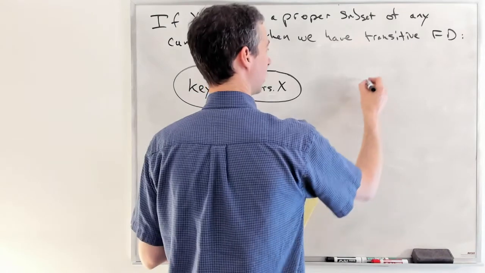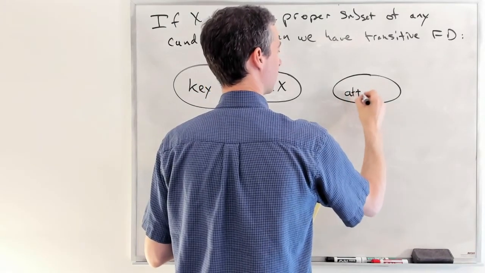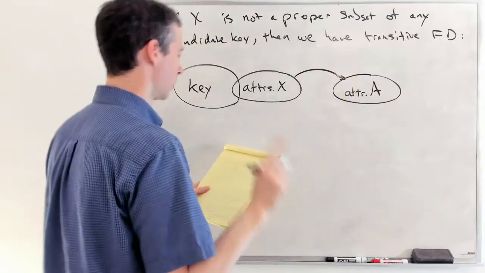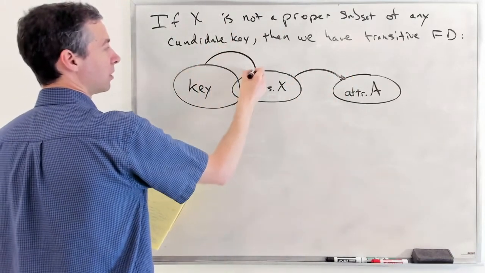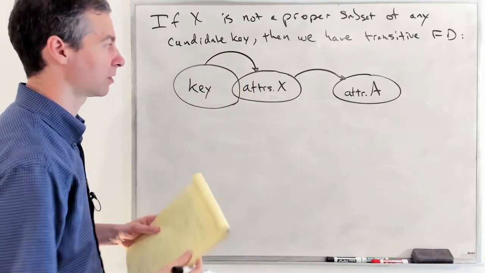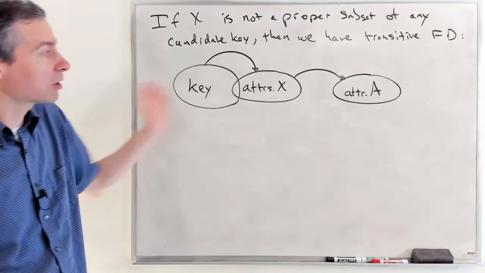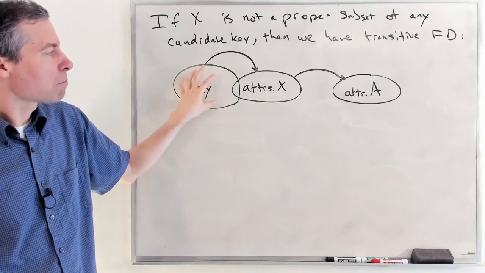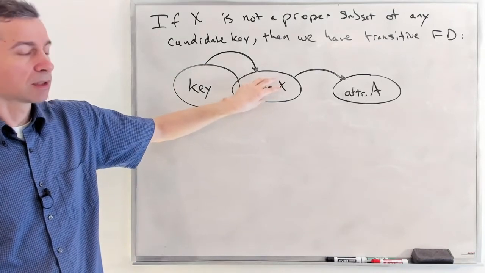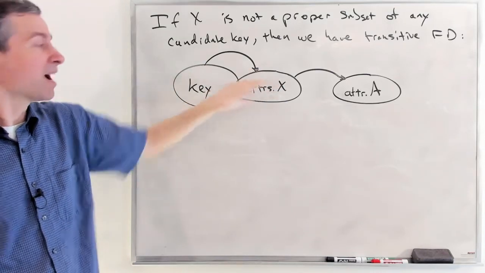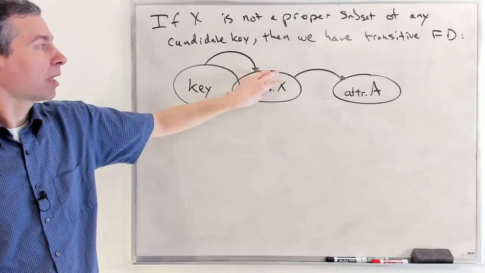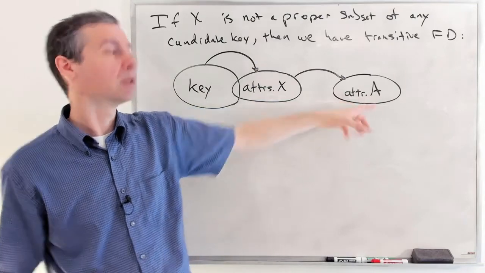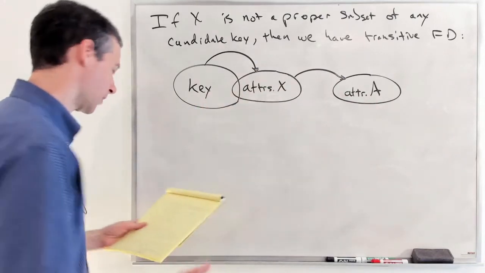And then we've got our attribute A. So X determines this, but the thing that makes it transitive is the key determines what the settings of X are. So when we look at a table, and we notice we've got our candidate key, and then we've got these attributes X, some of which are not part of the key, and these determine what happens here with this attribute, that is a transitive functional dependency.